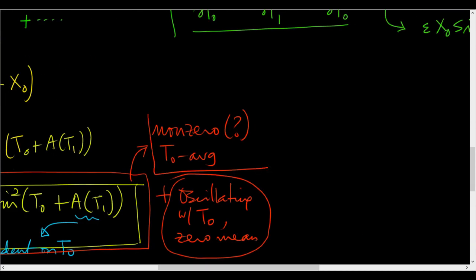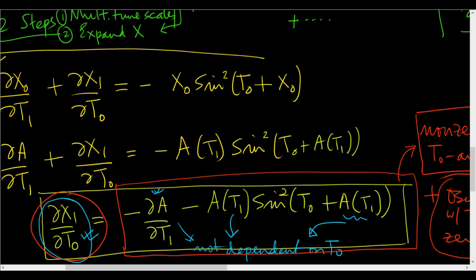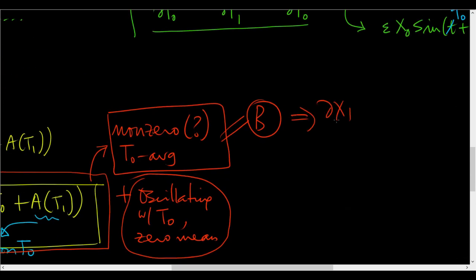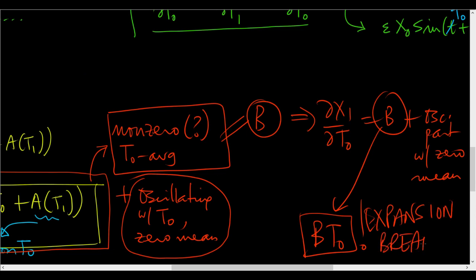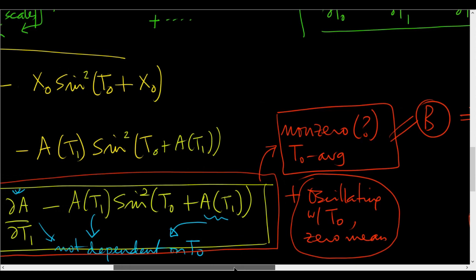If this t0 average is, let us say, B, then over here we will basically have del x1 del t0 is equal to B plus an oscillating part with zero mean, and this will give me a B t0 and my expansion breaks down.